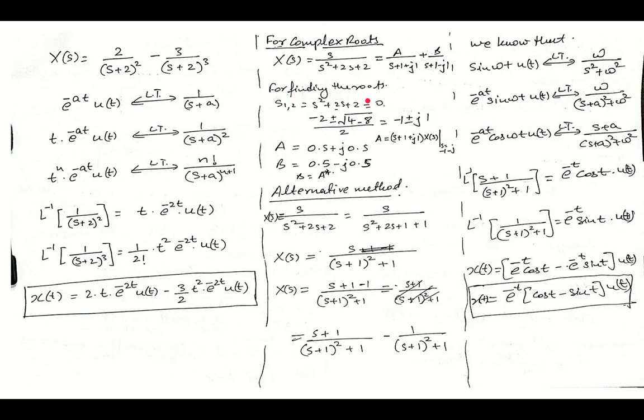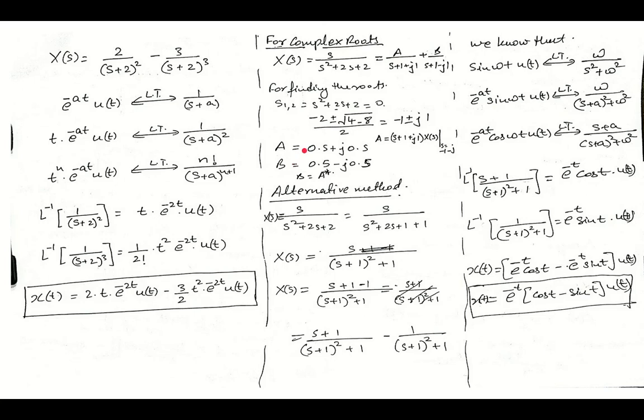So for finding these values of s plus 1 plus j1, we can use this formula of minus b plus minus under root b square minus 4ac upon 2a. If we put the values of b, a and c in this equation, we can calculate the values, and since these are simple poles, we can calculate the values of A is equal to this and B is equal to this.